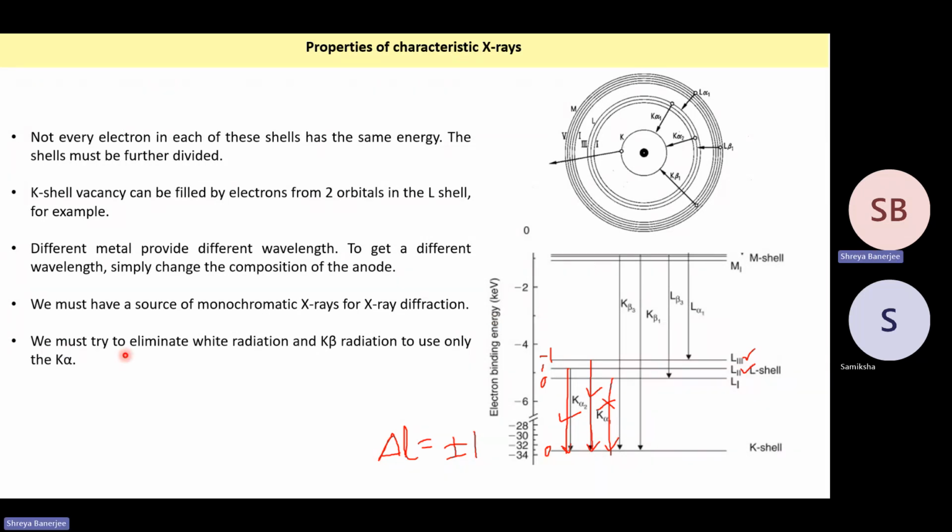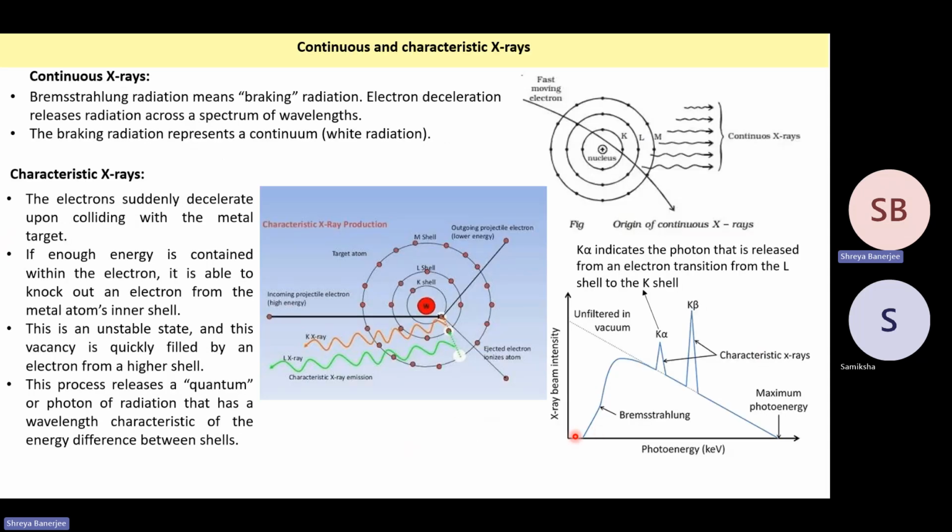Since we only want X-rays of particular wavelengths, here we saw that X-rays can be of two types: the continuous X-rays, which have a range of wavelengths, and the characteristic X-rays, which have very specific wavelengths. We want these specific wavelengths, K alpha and K beta.